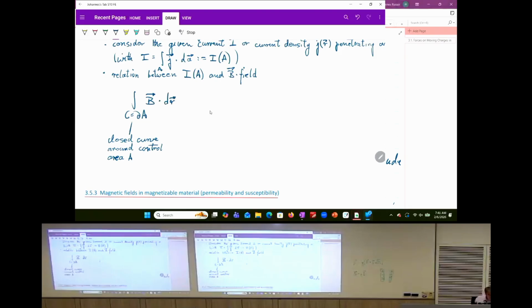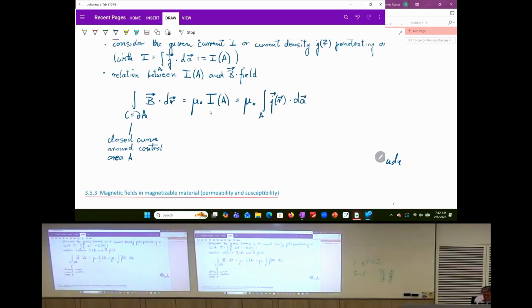So you see the dot product here: the B field component that aligns with this vectorial differential line element dr. And this integral gives you the value of the current times some constant, which is written as mu 0, or mu naught. And of course, this current, as we just stated, is actually the current density integrated over the control area.